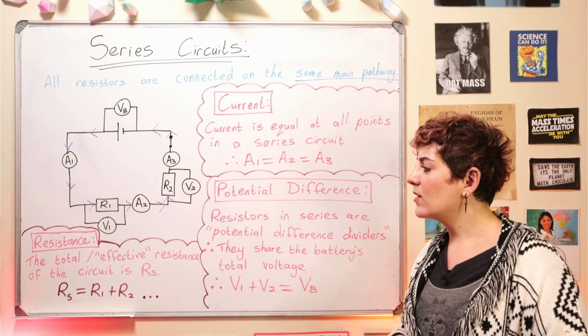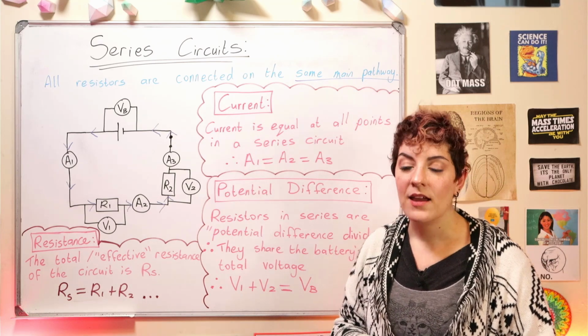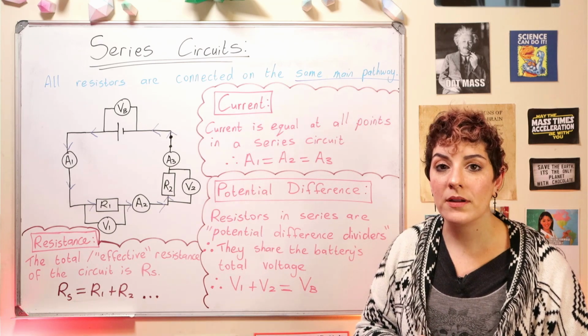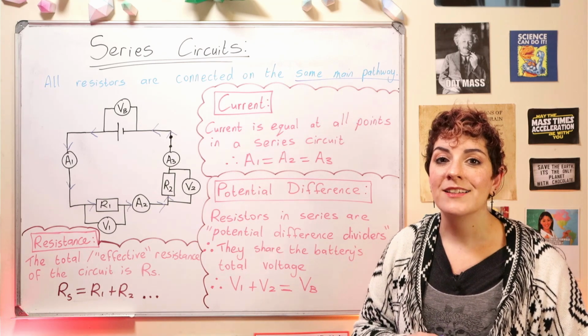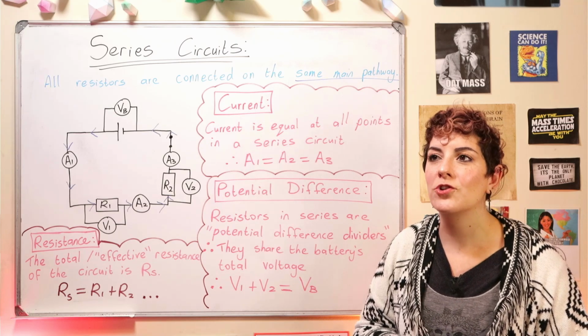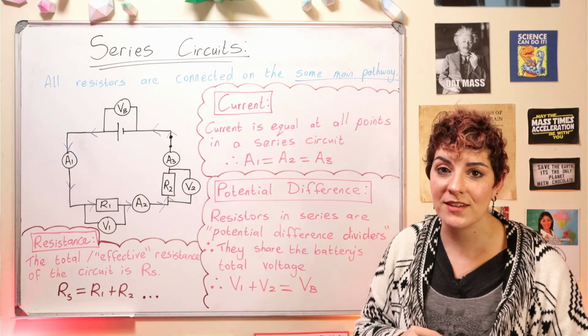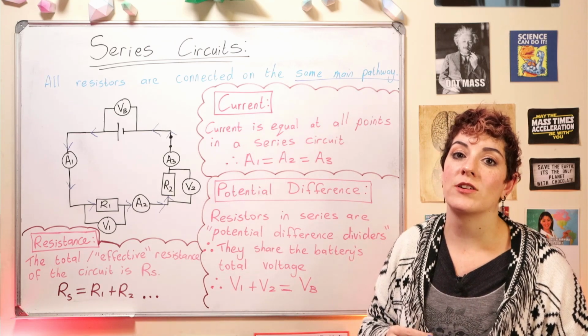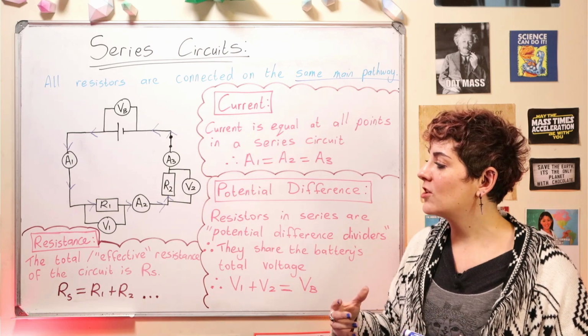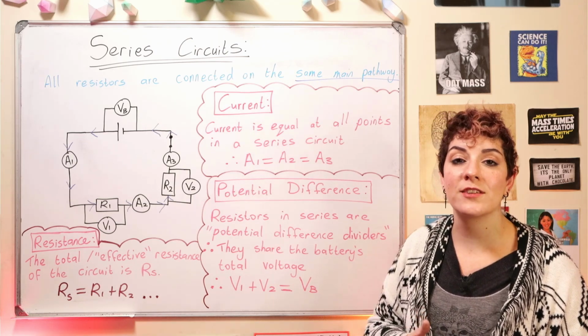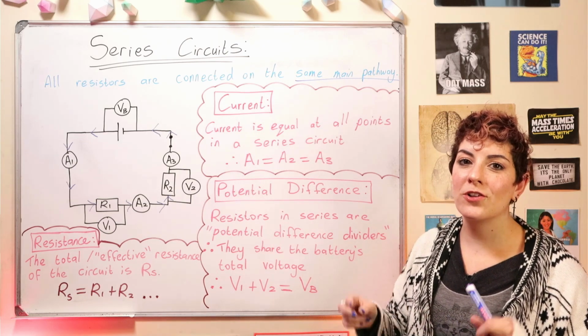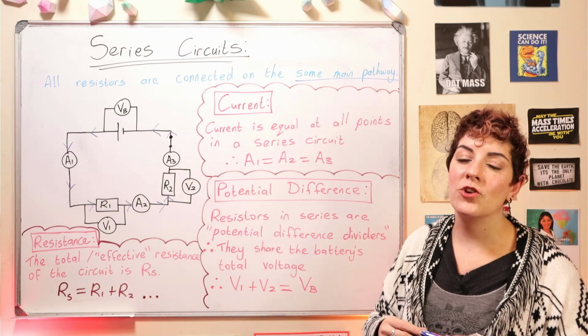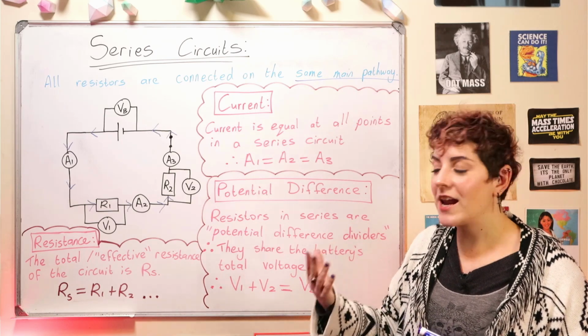Right, now coming to resistance. It is an extremely common exam or test question to calculate the total, also known as the effective resistance, of an electric circuit. In a series circuit where you only have resistors in series, the total or effective resistance you can refer to as RS.